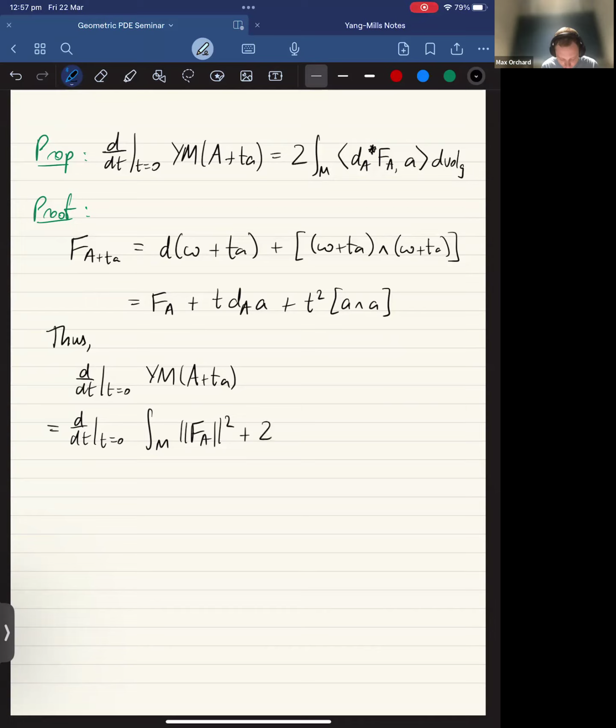We get 2t F_A, d_A a, plus some higher order terms that are going to disappear when we differentiate and evaluate at t equals 0.